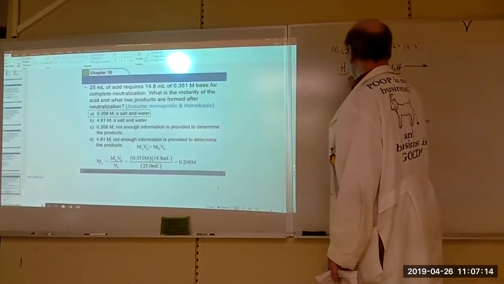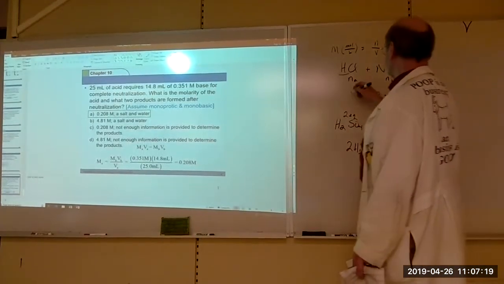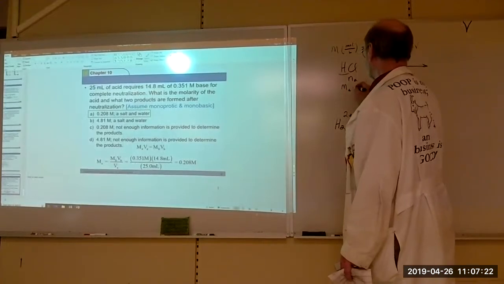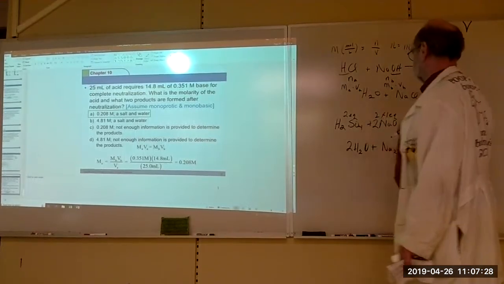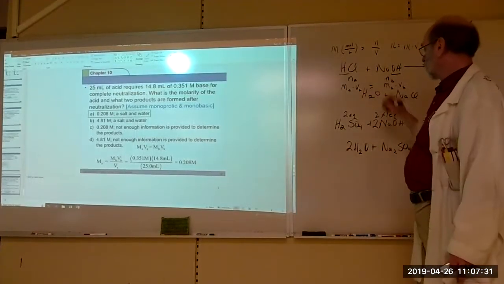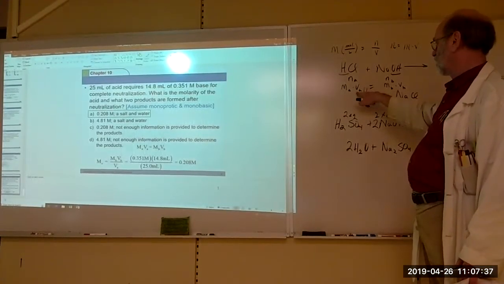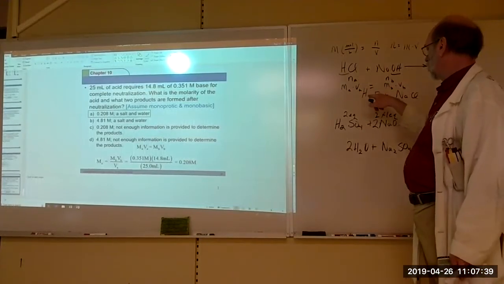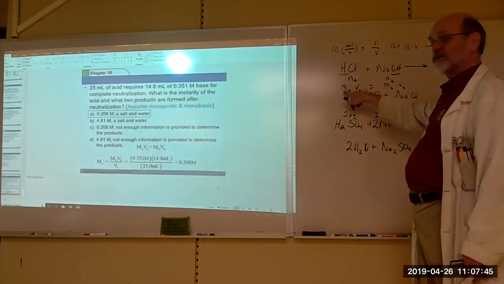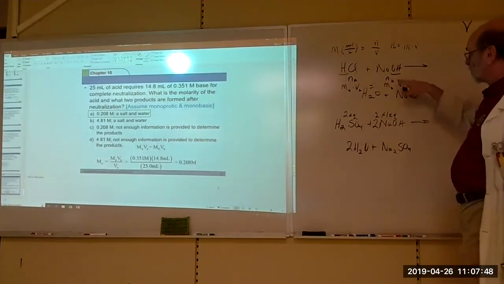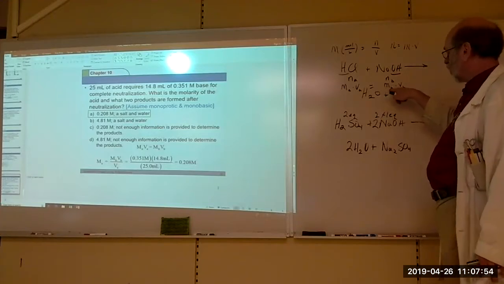So if you want this number of moles equal to this number of moles, then this is molarity of your acid times the volume of your acid, and this is molarity of the base times the volume of the base. If you set those equal to each other, and you know the volume that you start with for your acid and you know its molarity, the concentration, then all you have to do is add enough base to where these are equal, and then you can solve for the unknown part for the base.